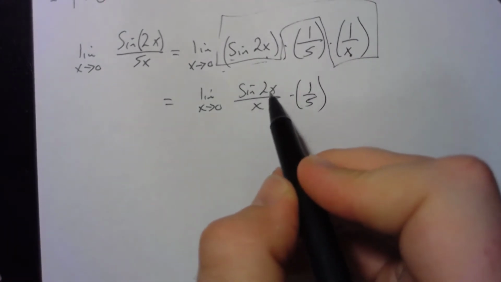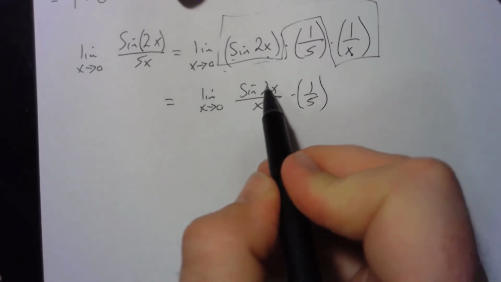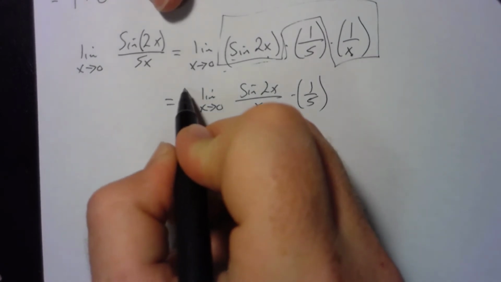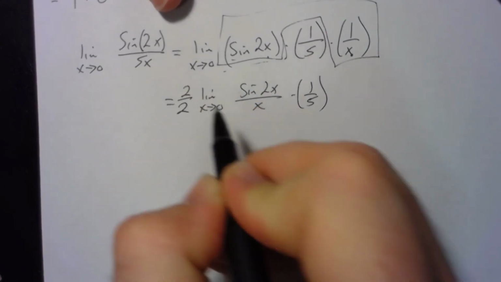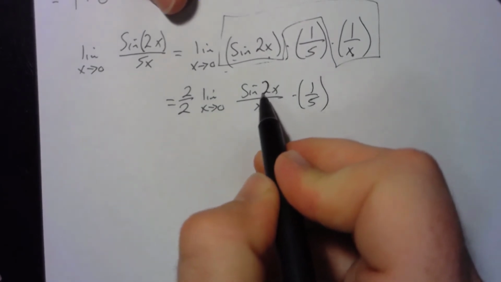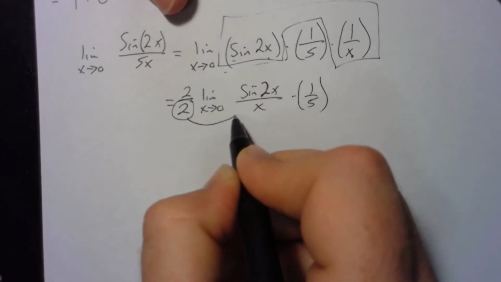You'll notice that this limit here is actually very similar to the first example we did, such that we had a 3 on the inside and nothing in the denominator. So to make this happen, I'll simply multiply on top and on bottom on the outside of this limit by 2 over 2. I need 2 because that way this 2 will match up with the 2 that's going to be down here. So this 2 here gets pulled inside.